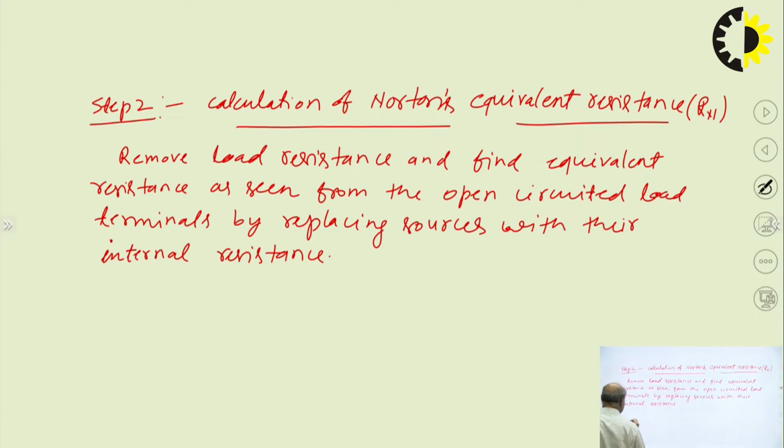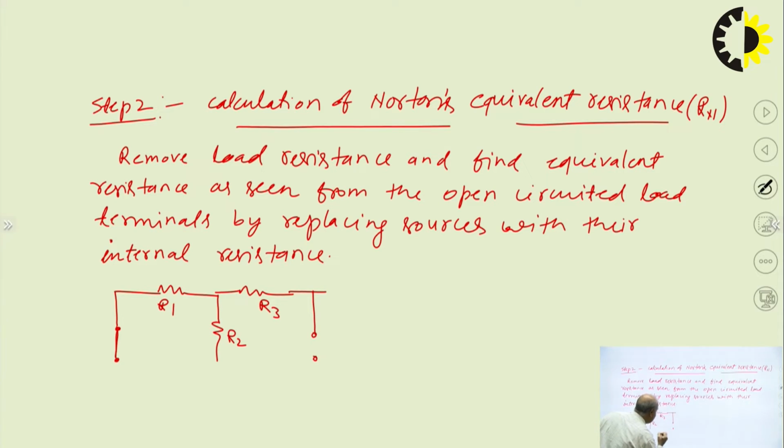And we know that here was our voltage source, V1, and the internal resistance of the voltage source is 0, and 0 means placing a short circuit or conducting wire. Now after this there was R1, and here it is R2, and here it is R3. So this is R1, R2, R3, and here it was our current source. What is the internal resistance of a current source? Internal resistance of a current source is infinite, and infinite means we will keep it open.